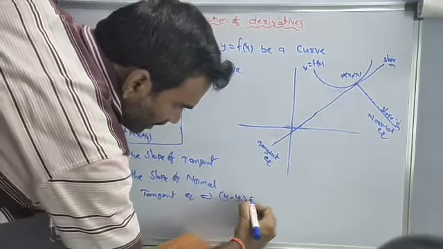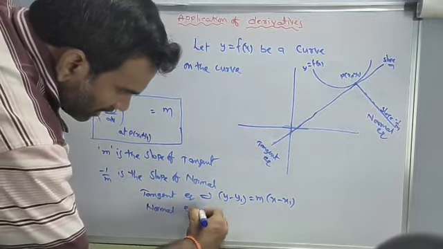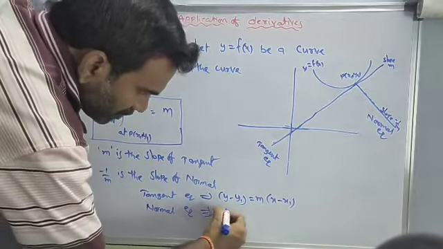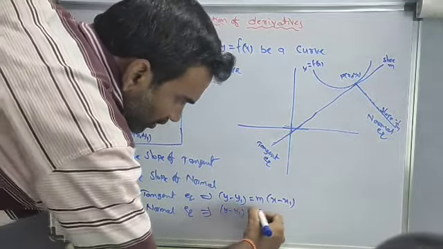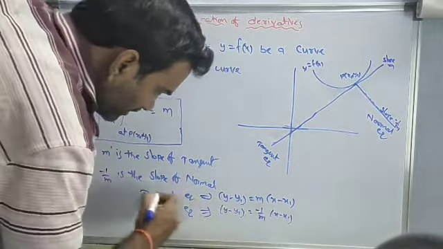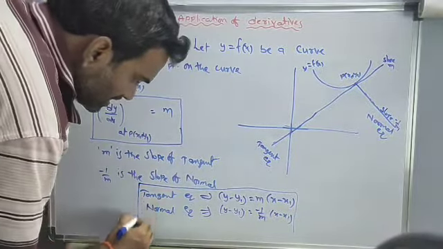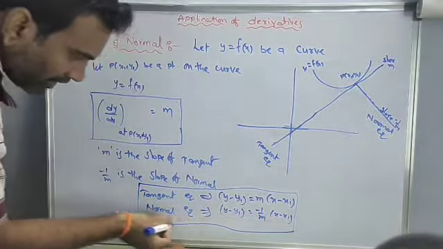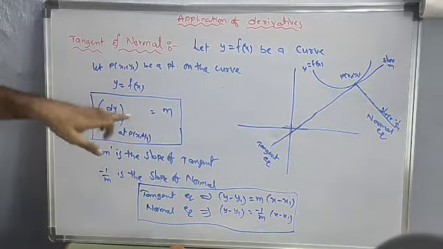Next, the normal equation. y minus y1 equal to, what is the normal slope, minus 1 by m into x minus x1. So these are the main topics of tangent equation and normal equation.